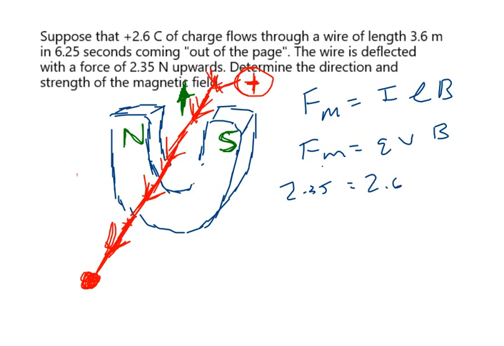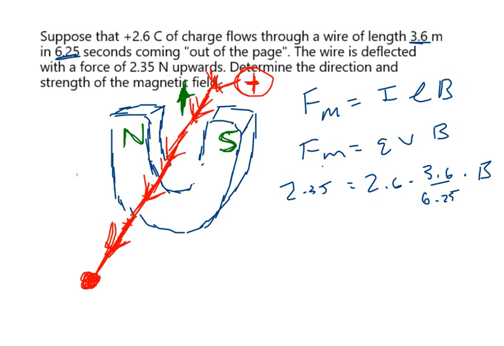I don't actually have a velocity exactly, but we can make a velocity, can't we? What's velocity equal to? Distance over time. So even though I don't have a velocity, I can just make it my distance divided by my time. And there, now I can solve for how much field my magnet must be providing.